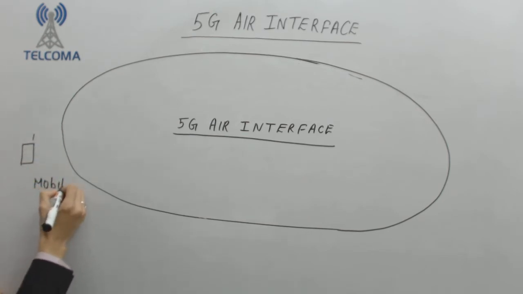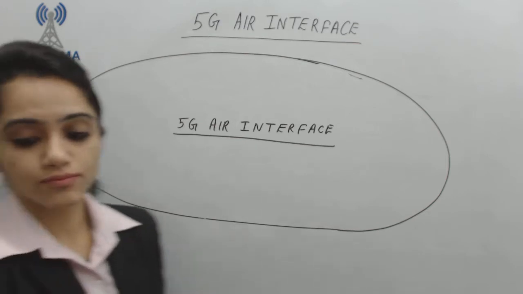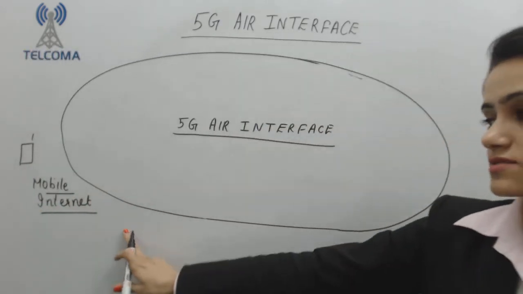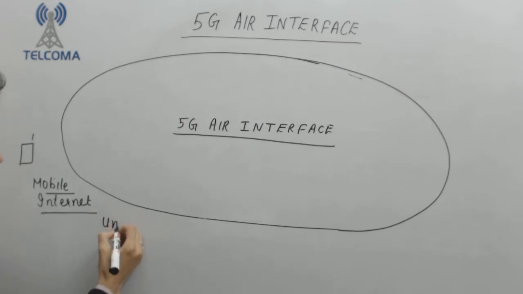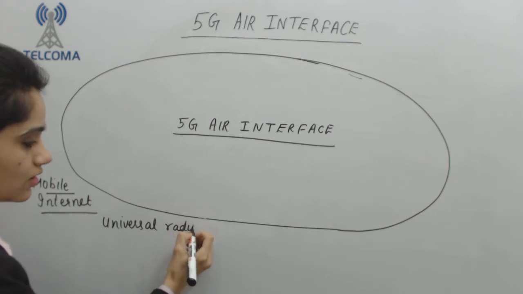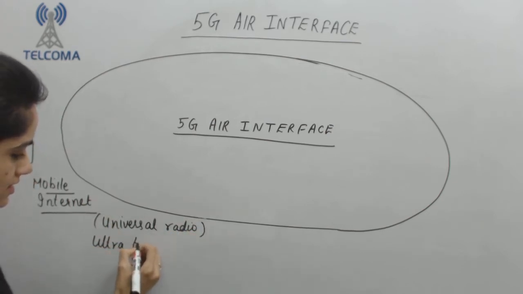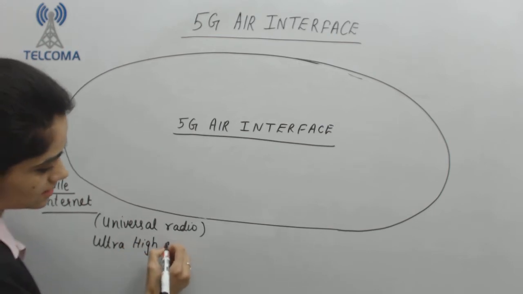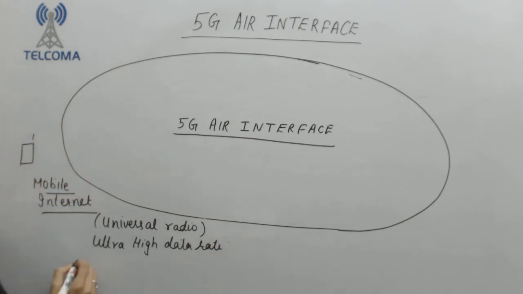So I am drawing here mobile internet. Now what is the demand of mobile internet at this end? The demand is universal radio, or I can say we are demanding ultra high data rate.